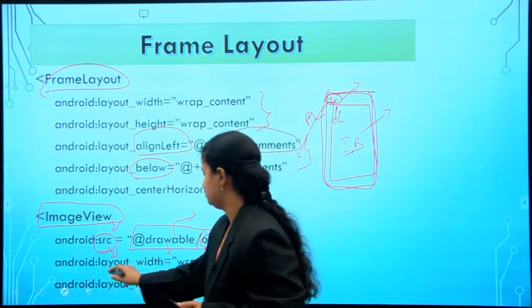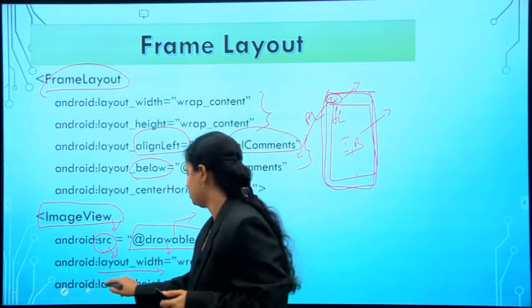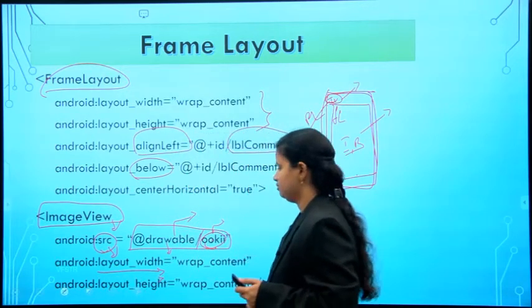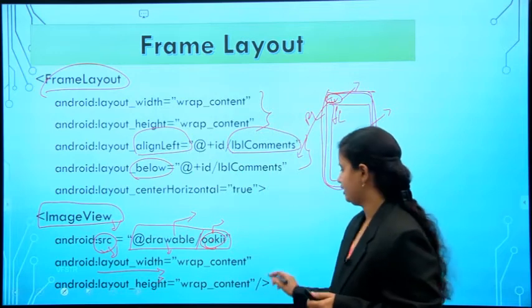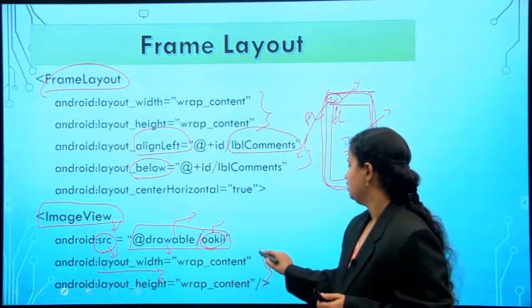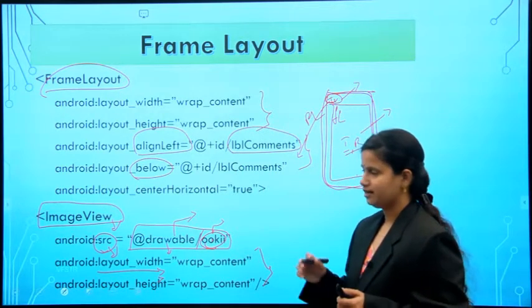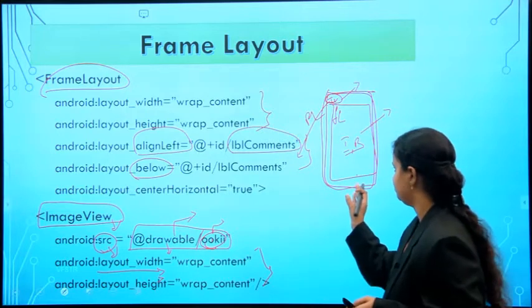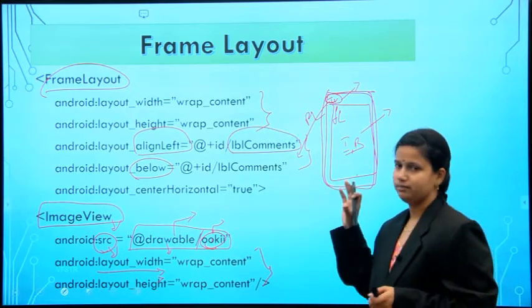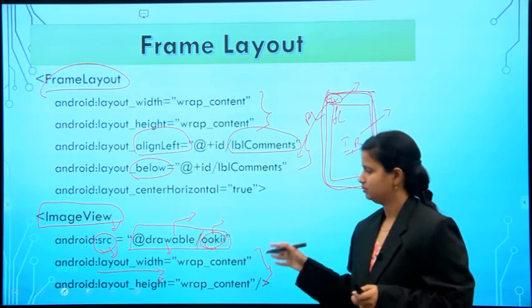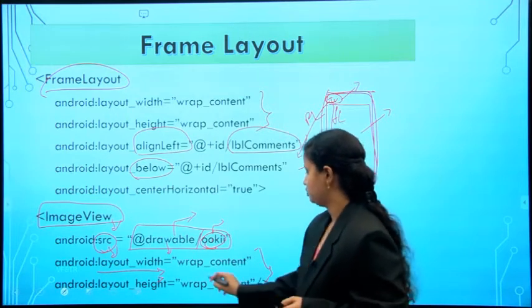And the next thing is layout width and layout height. These two properties set the width and height, that means the size of your image. The size of the image displayed in the output will be decided by the width and height. With wrap content, whatever size the image has is used.